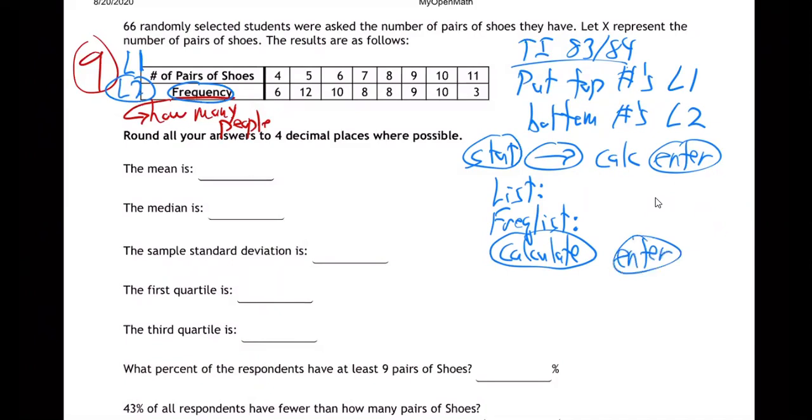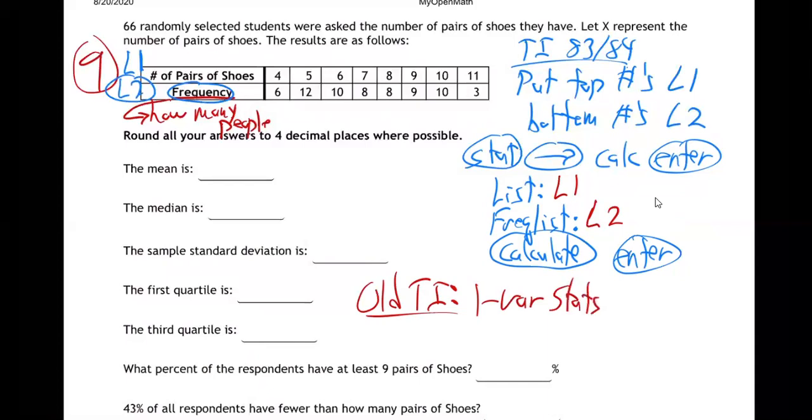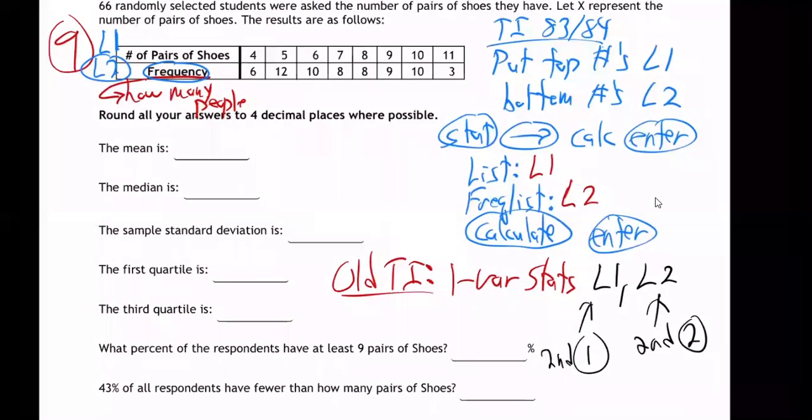And the list, you'll have L1 here and L2, just like we did before. Or on the old TIs, like my handheld TI, it'll say 1-Var Stats, and you're going to put in L1, L2. And remember, you get these by hitting second 1 and second 2. Okay, so there we go.